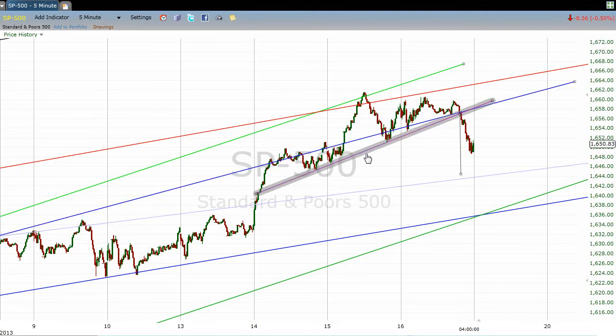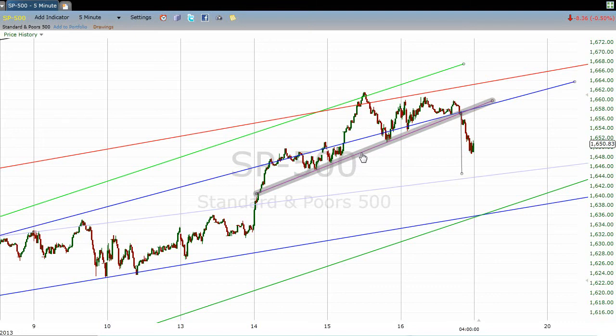Now this has a very upsloping neckline, which means it's not as meaningful as a flat neckline, because with a flat neckline it's very easy to measure. You know that you're going to get the distance of the head to the neckline from whatever spot that breaks. Here's why it's not quite as easy when you have a sloping neckline.